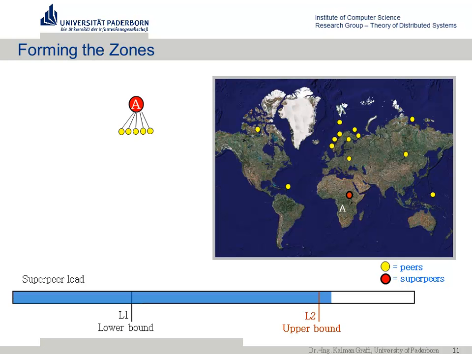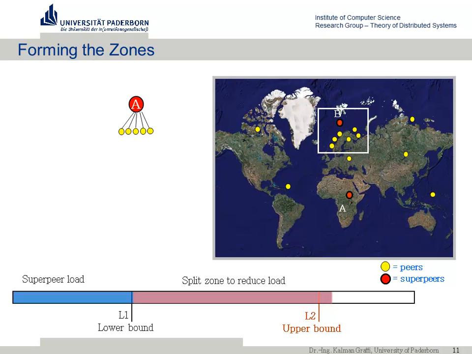So this is the maximum number of nodes that one peer is willing to be responsible for. In this case, the upper bound has been exceeded, and that's why we create a new zone, because we want to reduce the load. So a new zone is taken out of the responsibility of A.